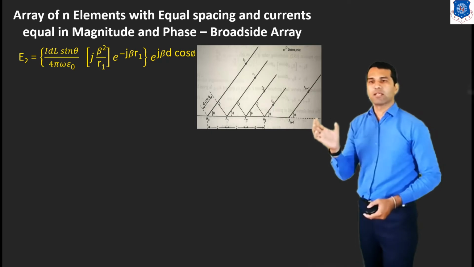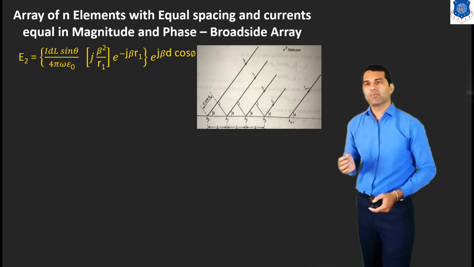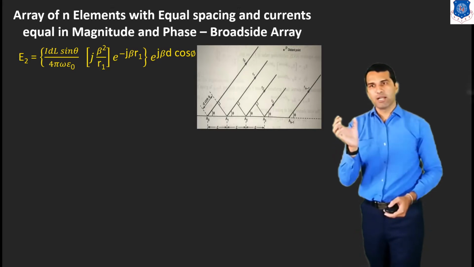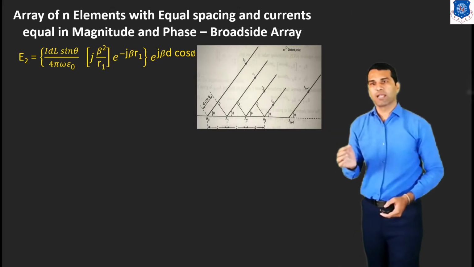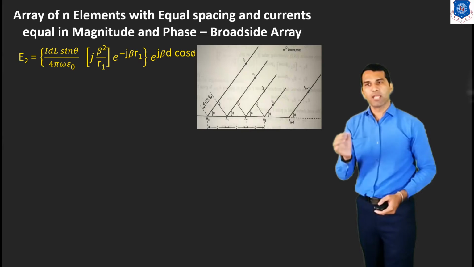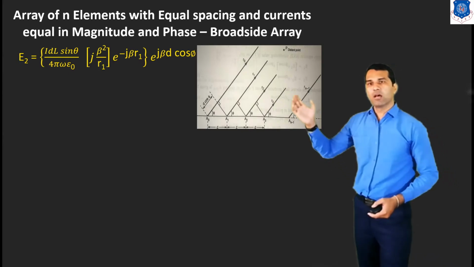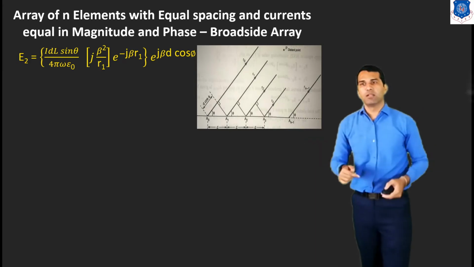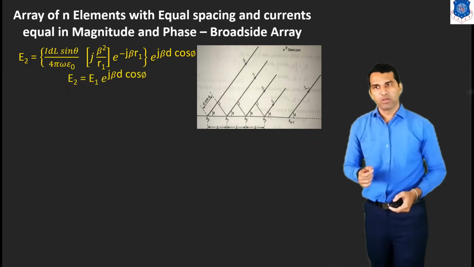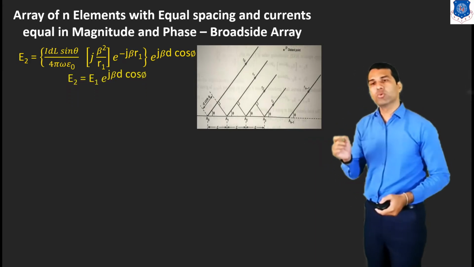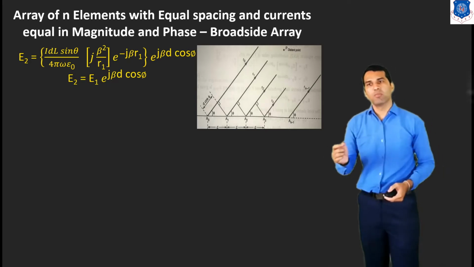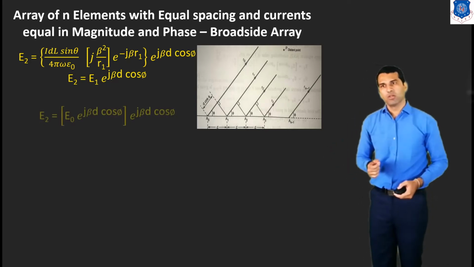We get I dl sin theta upon 4 pi omega epsilon 0, j beta squared upon r1, and we divide this into e raised to minus j beta r1 into e raised to j beta d cos phi. This bracket term is nothing but the term of E1. So we can simply write E2 equals E1 e raised to j beta d cos phi.